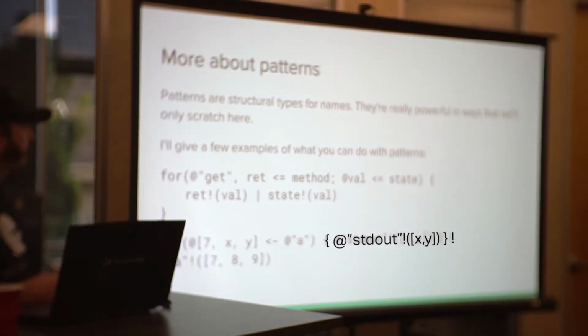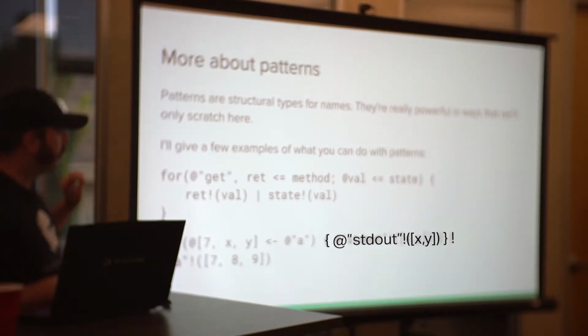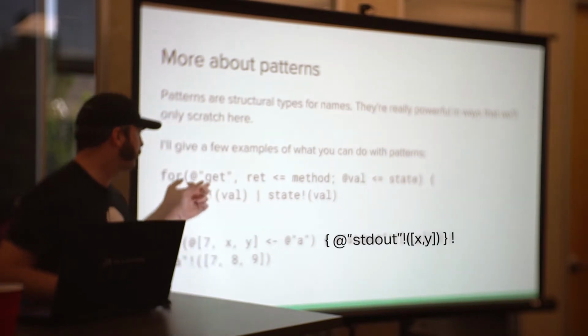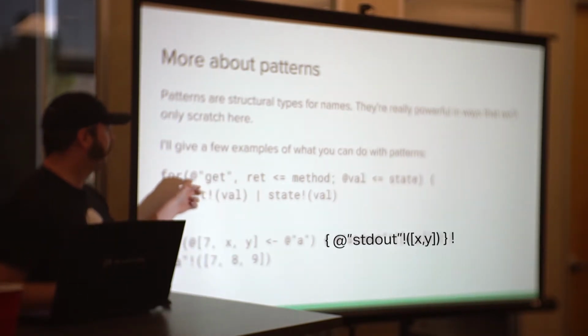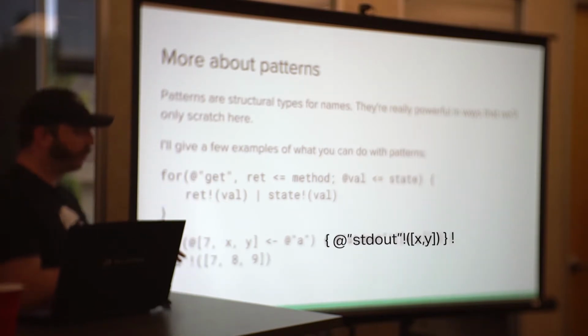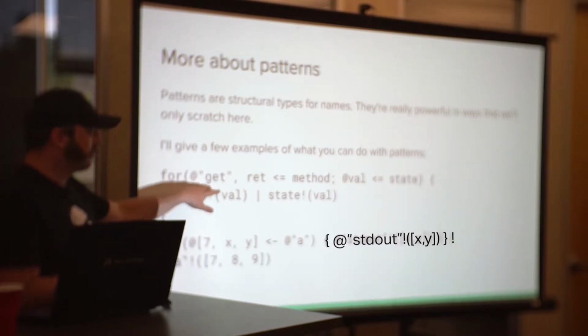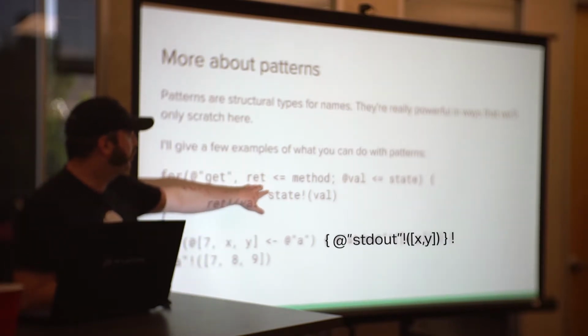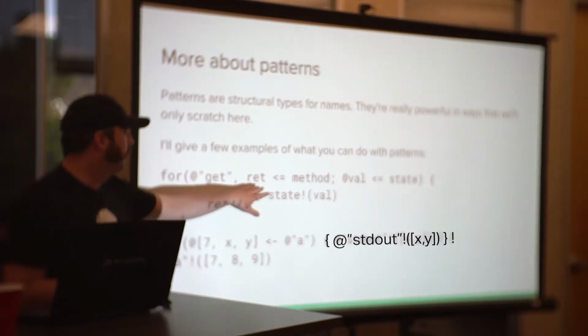So this is a pattern. There are two patterns. This one right here is expecting exactly the process, the quoted string get. Exactly that. So anything else in that first position will fail to match. And it's expecting an arbitrary name, ret.